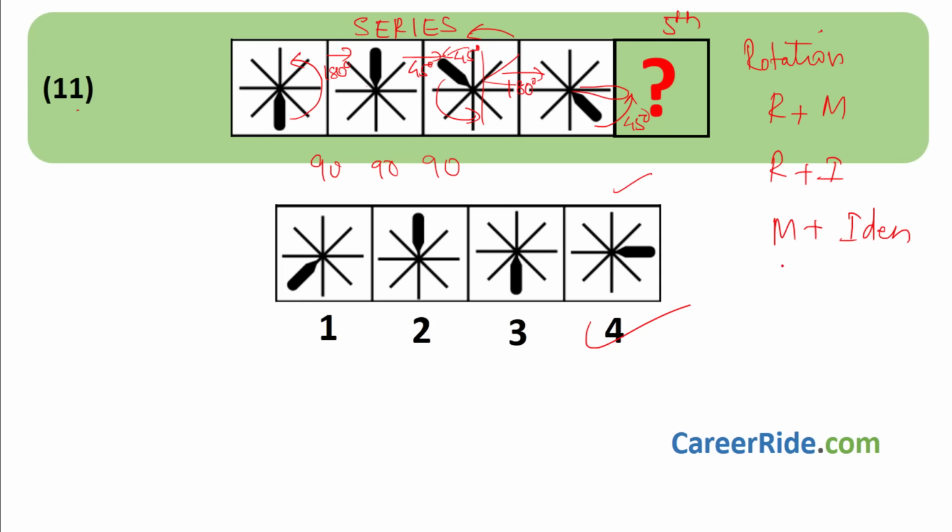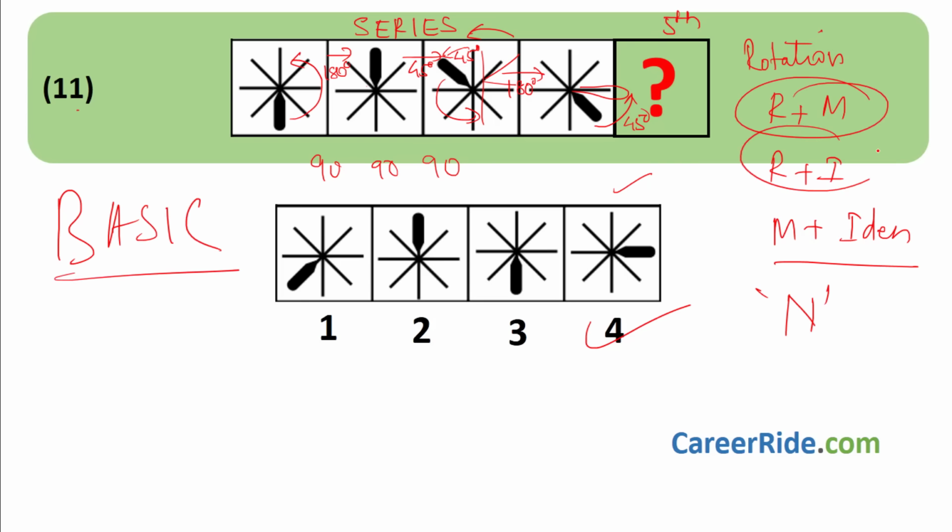So there are numerous types of sums related to analogy. You can find lots of types over there. But these 5 to 6 which we have discussed already are the basic types, and most of the other types are nothing but a combination of those types.